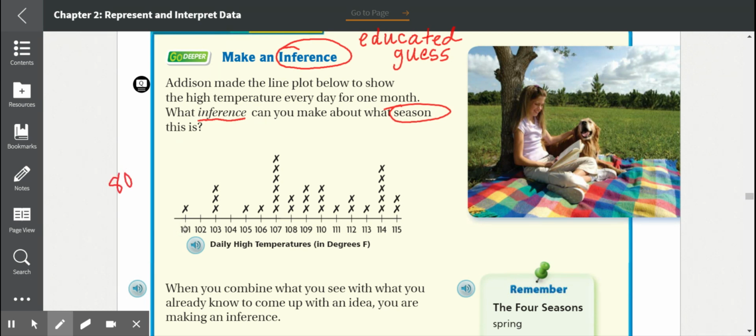Now, she's tracking temperatures that's 101, 102, 103, all the way to 115. That's a lot higher than 80. So this is telling us that the temperature is really, really hot, and it's hot for the entire month. It's not just hot for one day, it's hot the whole month.